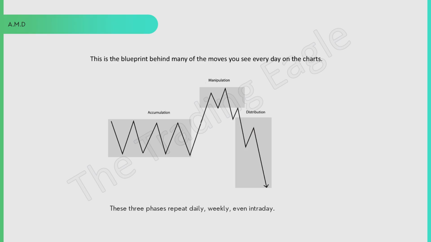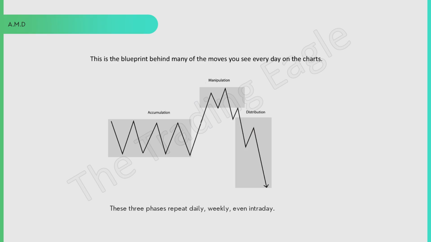And as said, this is the blueprint behind many of the moves you see. This is how it looks. You have the accumulation, which can be referred to as consolidation. And then you have manipulation, which is an expansion to the opposite side.